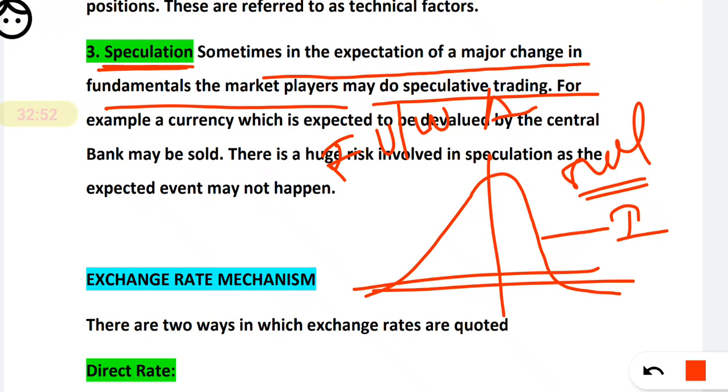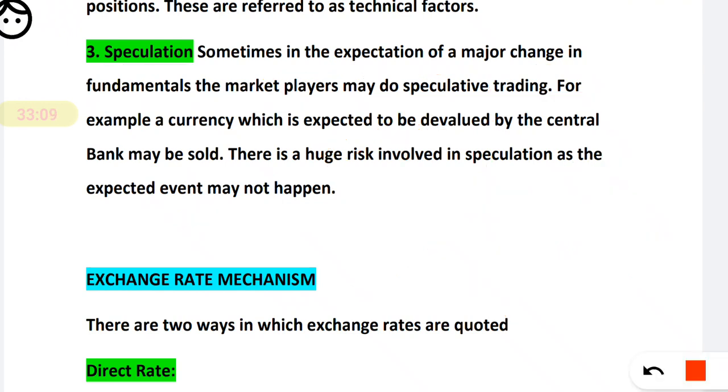Okay, so in such cases, considering the different situations, there is speculation the people will do. They will analyze the market, they will analyze the situation, and to earn profit they will buy or sell the currency. Okay, that is basically speculation.